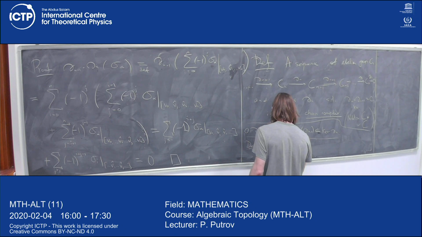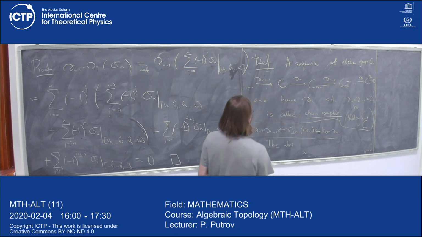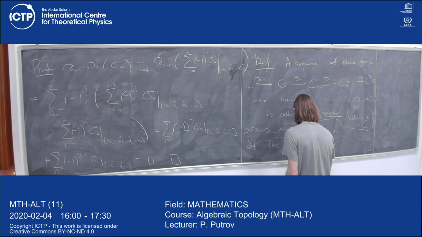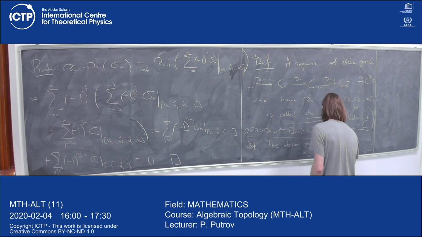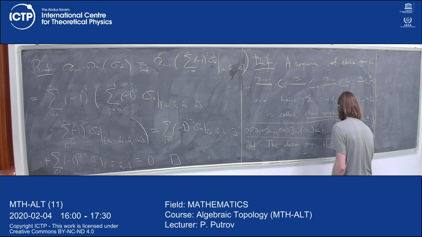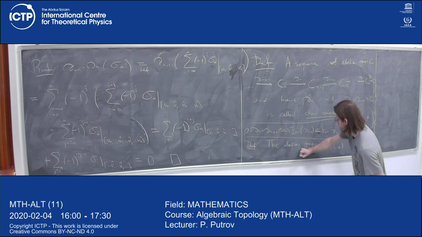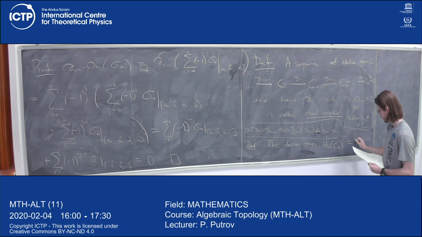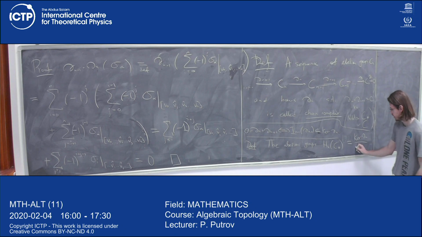Another definition, which relies on this definition: the abelian groups H_n associated to a particular chain complex. They are defined by considering the quotient of the kernel of d_n by the image of d_{n+1}.